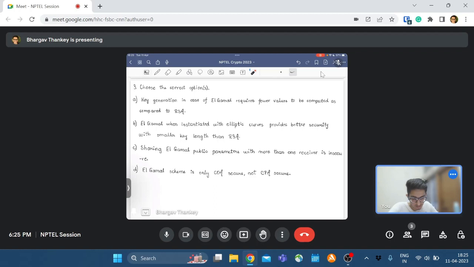Option B: Elgamal when instantiated with elliptic curves provides better security with smaller key length than RSA. Option C: sharing Elgamal public parameters with more than one receiver is insecure. And option D: Elgamal scheme is only CMA secure but not CPA secure.